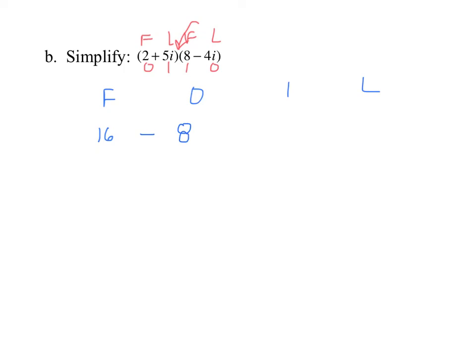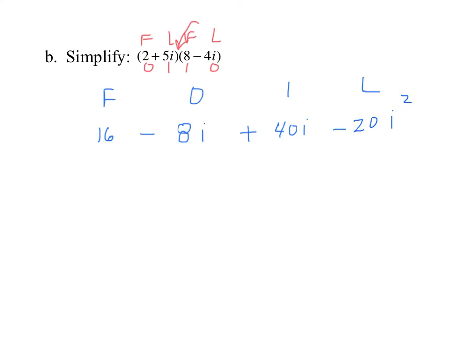So you can multiply a real value to an imaginary value. You just multiply the coefficients. So you get a negative 8i. In your inner, you've got the imaginary times this real number 8, and that's doable as well as a positive 40i. And then you'll have the 5i times the negative 4i, which will be a negative 20, and i times i is i squared.